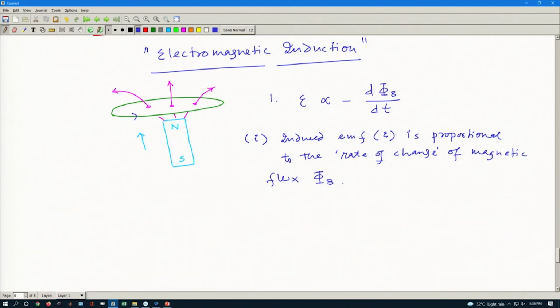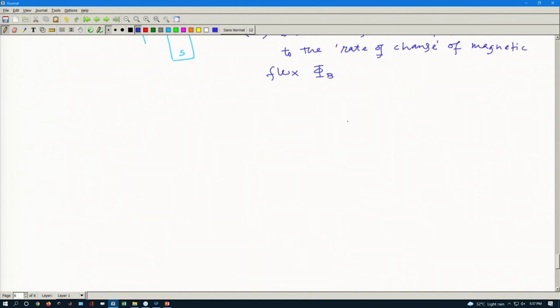That is the first observation we had. What about the second one, the negative sign?